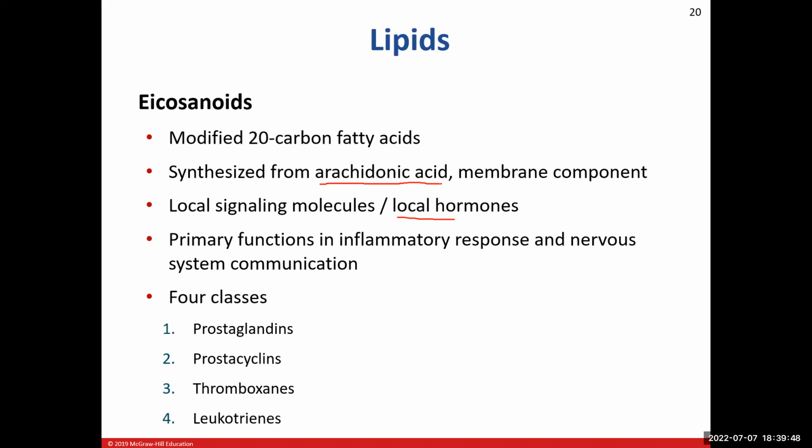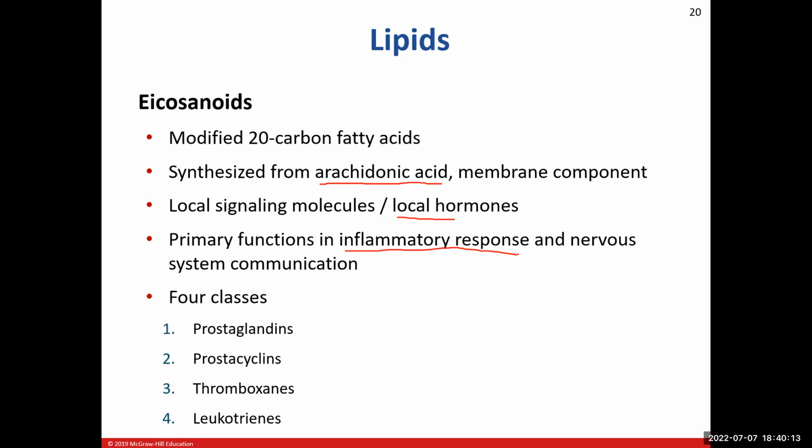You can see prostaglandins, prostacyclins, thromboxanes, and leukotrienes. They have several different properties, but they play a large role in the inflammatory response that we see during times of injury or physical assault on our cells.